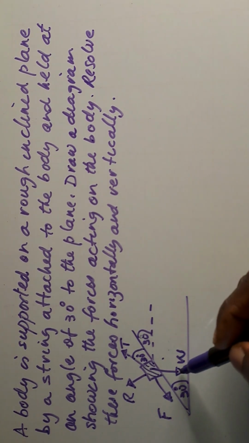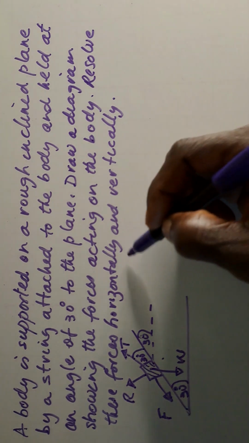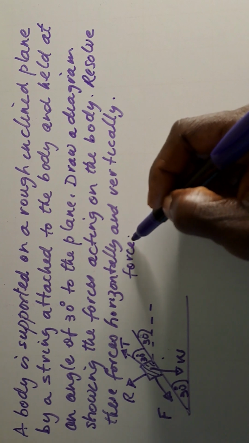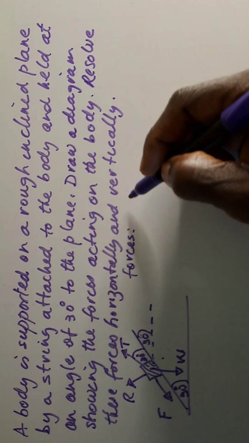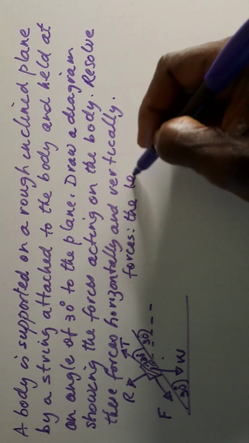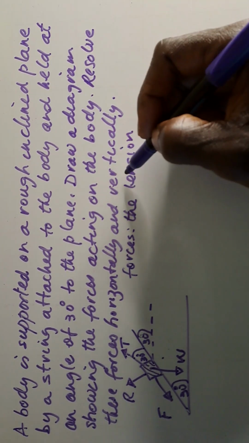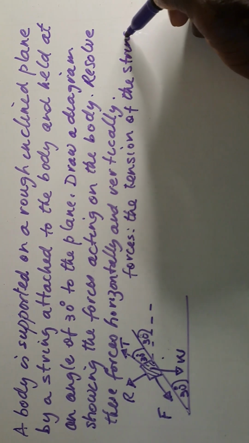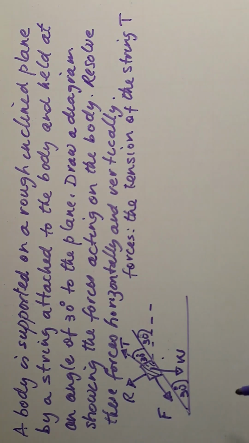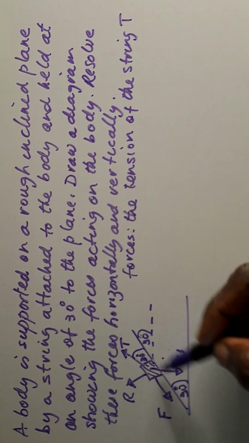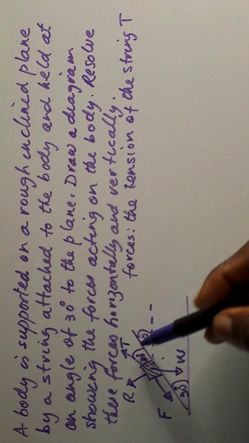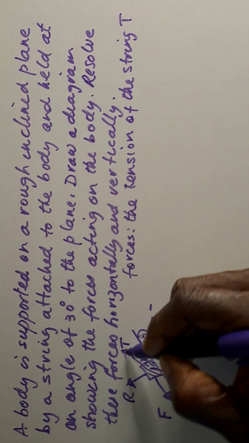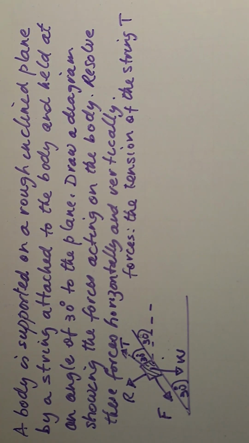The forces acting are, first, let's just articulate this: the tension of the string, T, and that's acting at 30 degrees to the slope. These are all similar triangles here, so T is acting at 30 degrees to the slope.